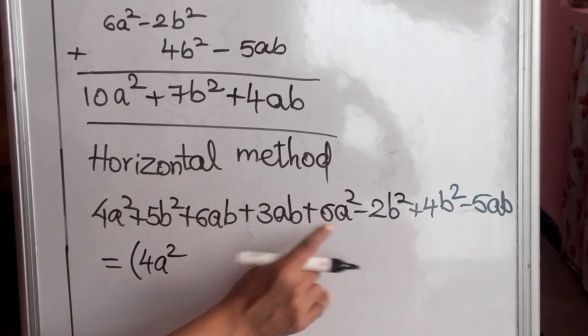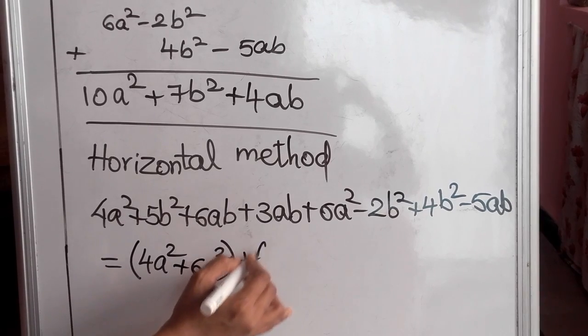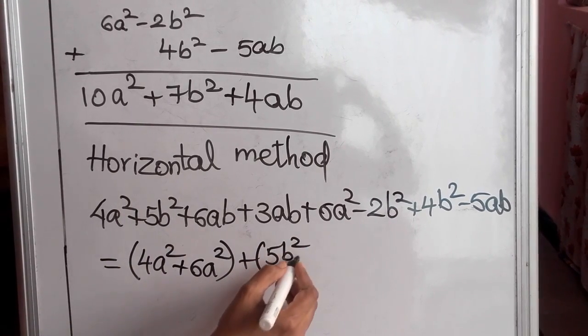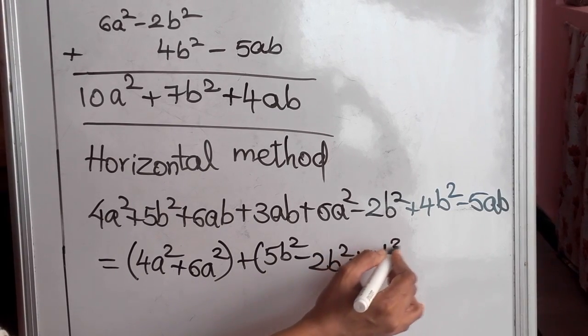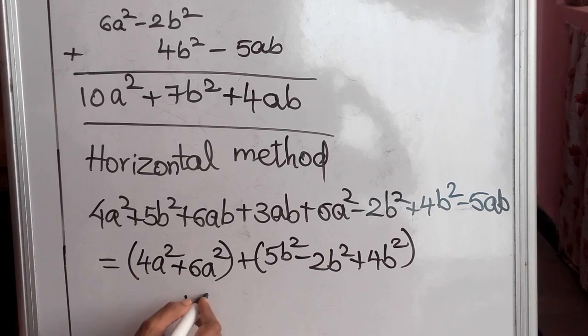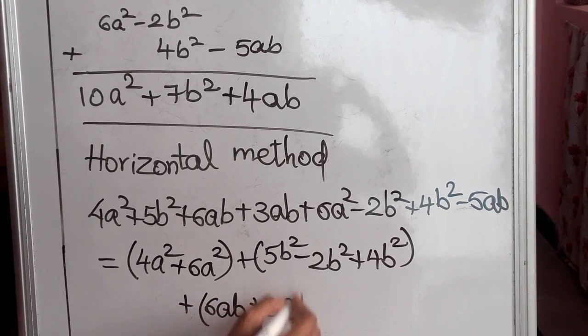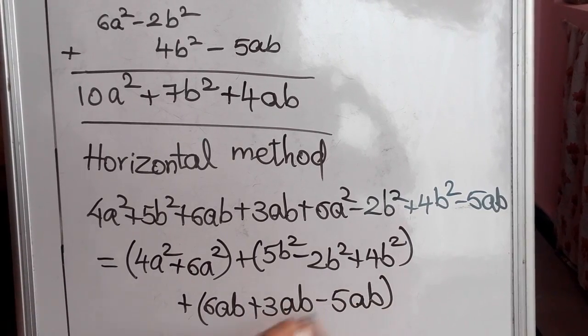Now let us write the like terms together. 4a square, then 6a square, next 5b square minus 2b square plus 4b square, plus 6ab plus 3ab minus 5ab.